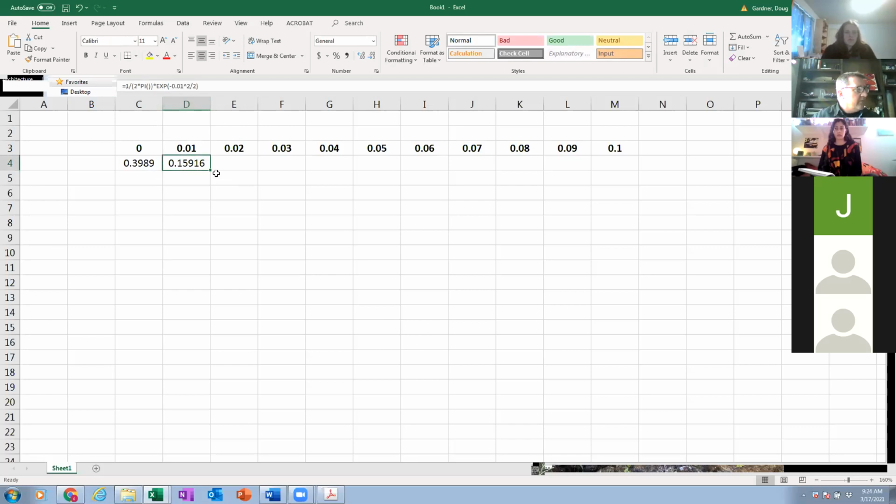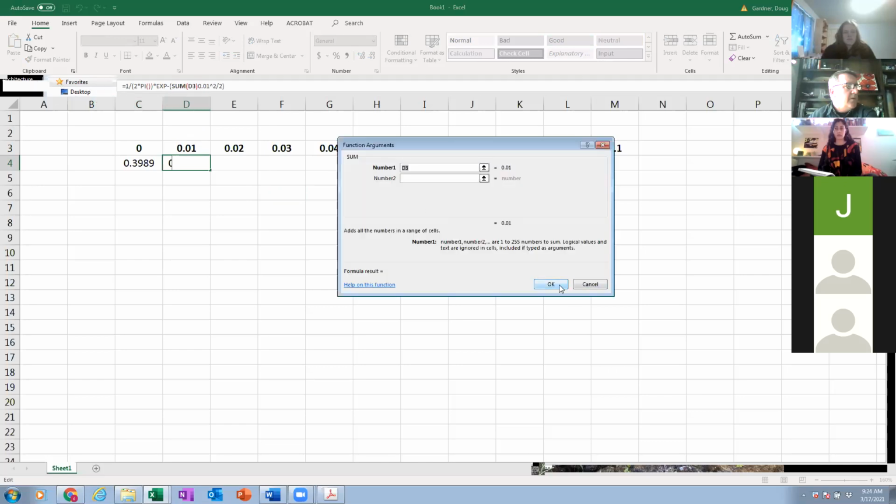So let's see, that doesn't seem right. Oh, I forgot, I put the negative in the wrong spot. The negative was outside of the squared. Did you do the square root? Let's see.